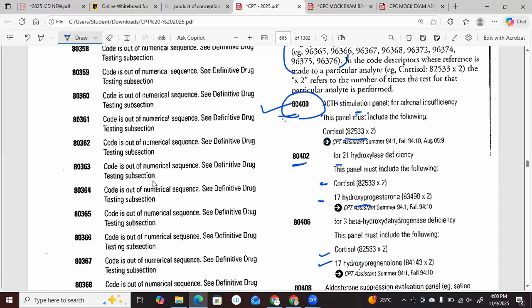Okay, can any one of you tell me the difference between 80406 and 80402? What is the difference between these two? 80402 and 80406.